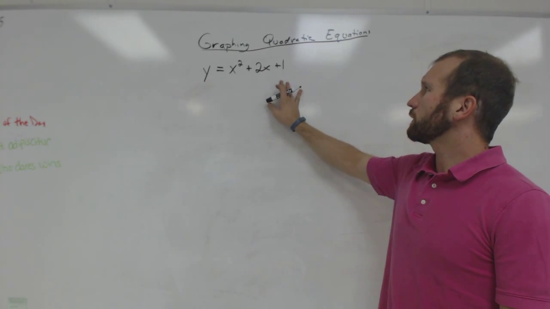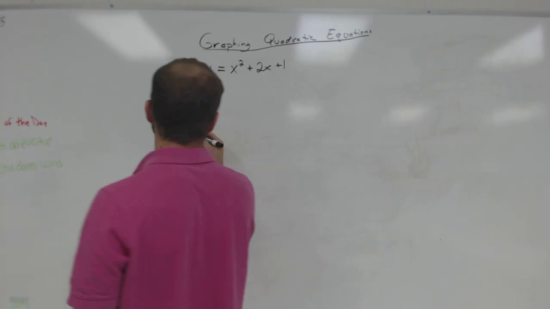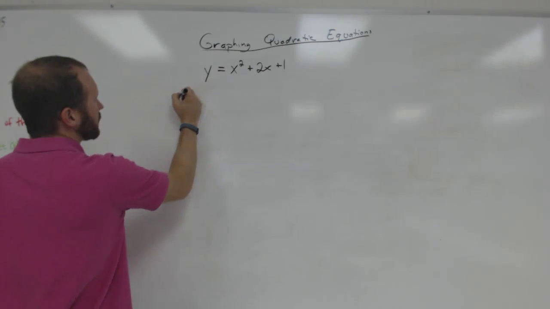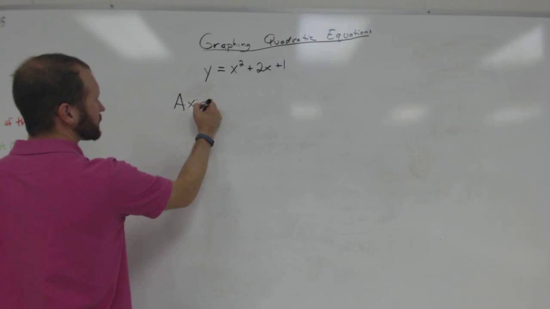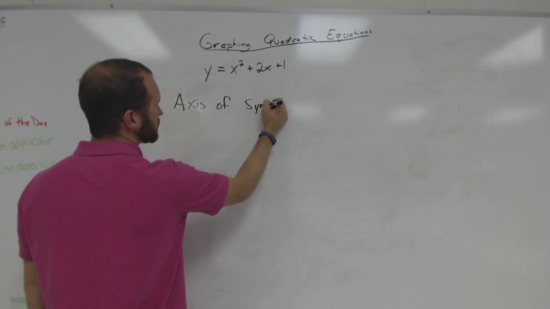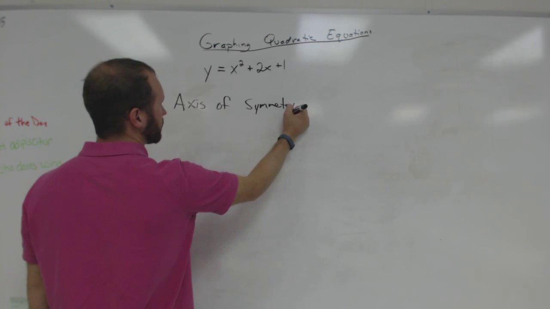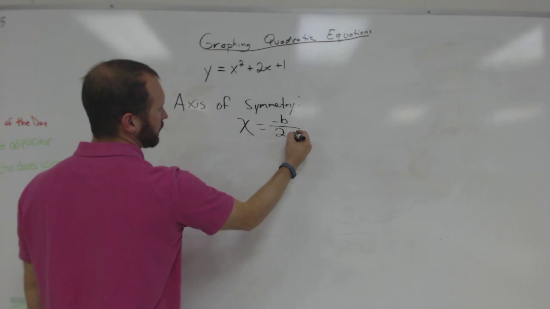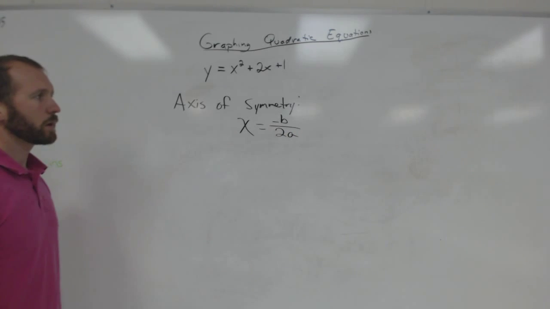Okay. So we start off by looking for our vertex. And the first part of our vertex is called the axis of symmetry. The equation for the axis of symmetry is x equals negative b over 2a.